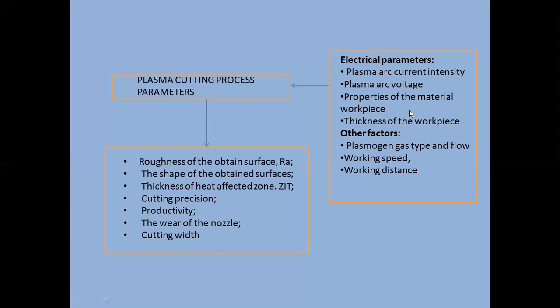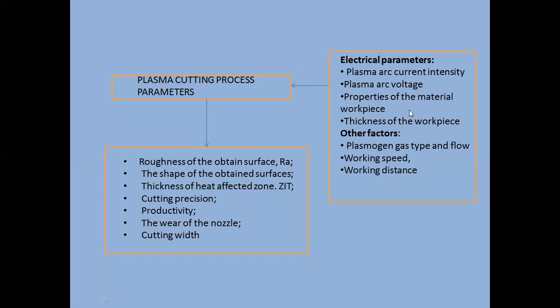So we need to have a clear understanding of what type of material or what dimension of material is being applied, and for that, what kind of voltage or intensity of current is to be applied, so that we will get the best outputs after the plasma cutting operation performed on that particular workpiece.